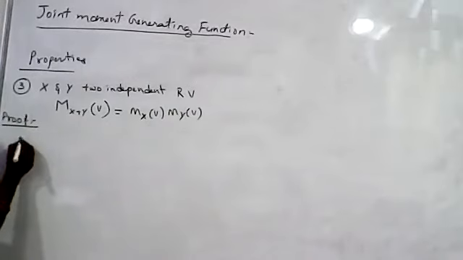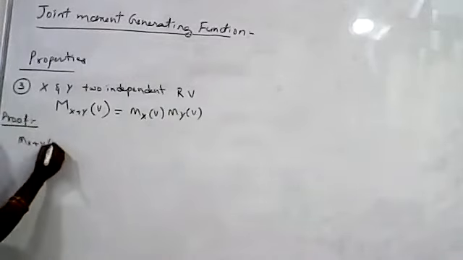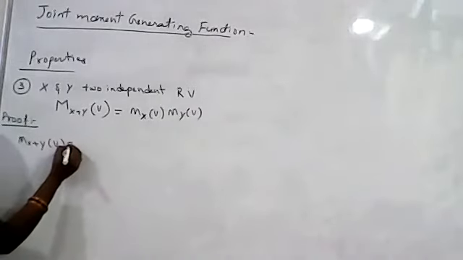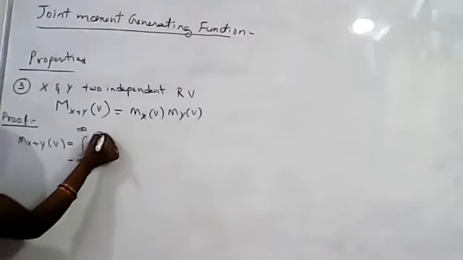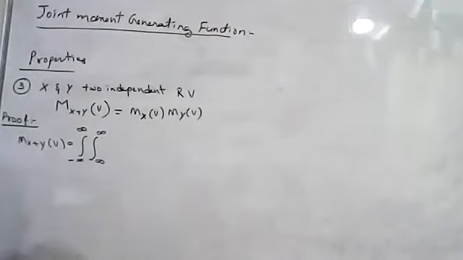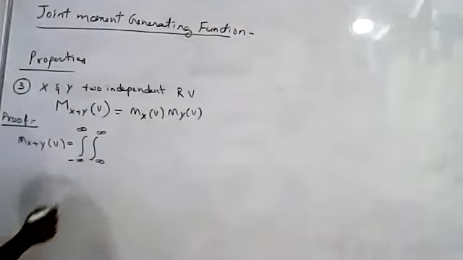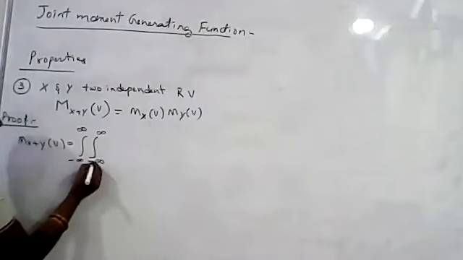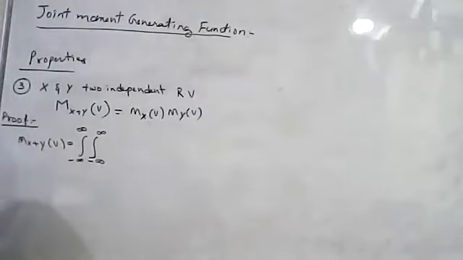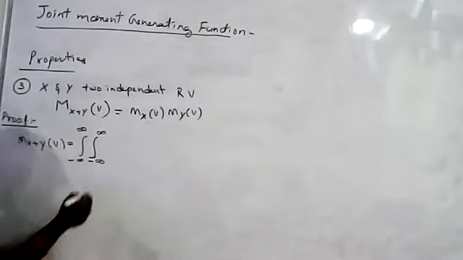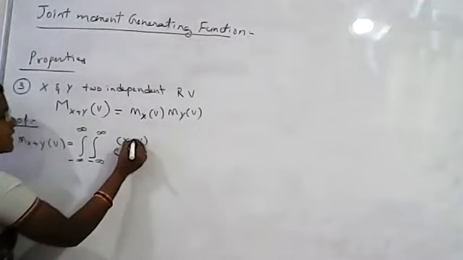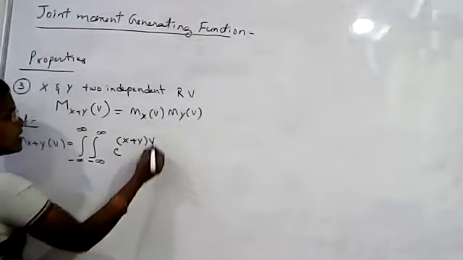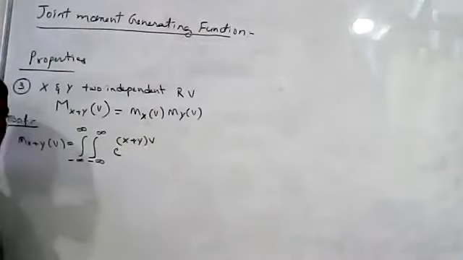So we know that M_(X+Y) of b can be written as, now what is the formula? You have two random variables, so we have to take two integrals, one integral for the random variable x and the other integral for the random variable y. Now it is e power, we are taking the random variable x plus y and it is a function of b, so it is e power (x plus y) into b.